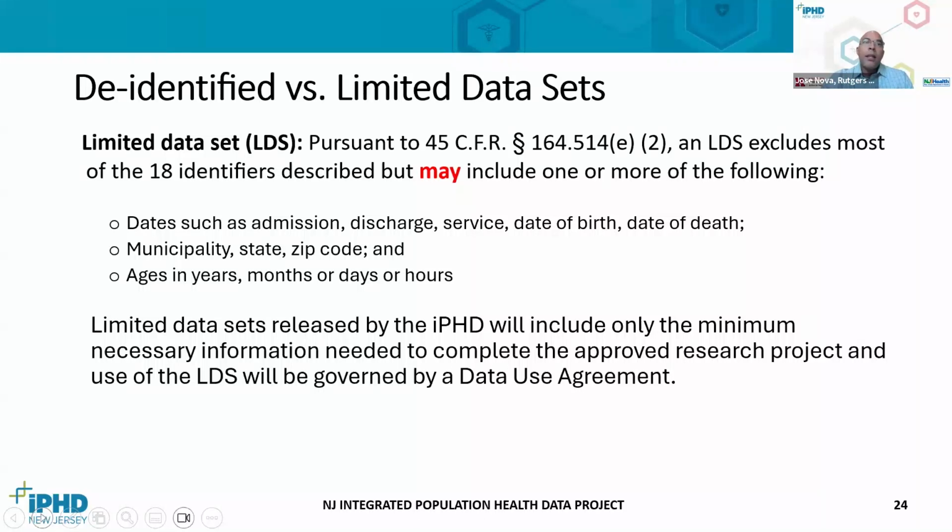The limited data sets released by the iPHD will include only the minimum necessary information needed to complete the approved research project, and the use of an LDS will be governed by a data use agreement.